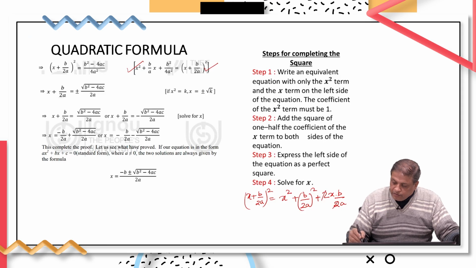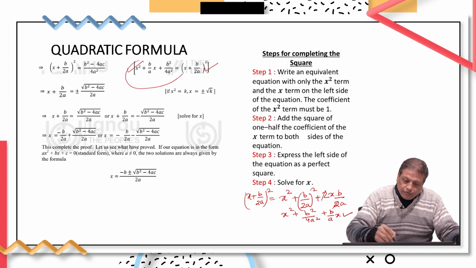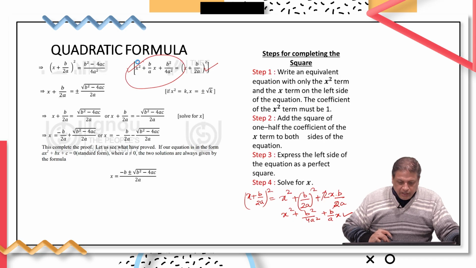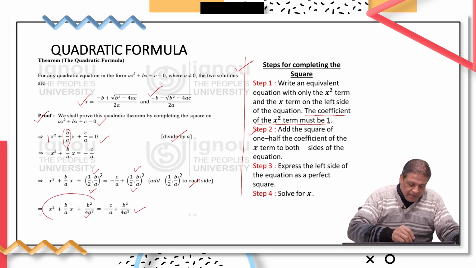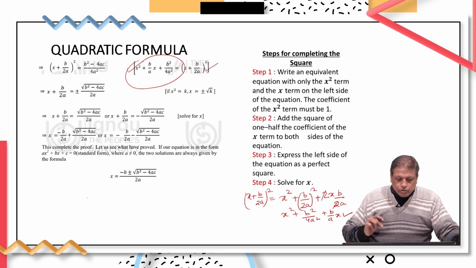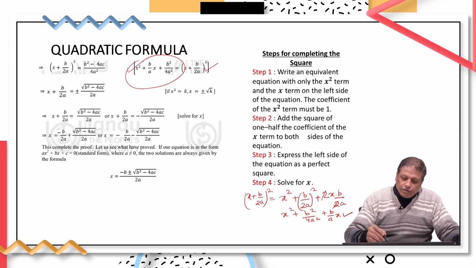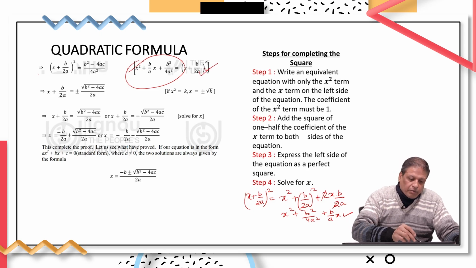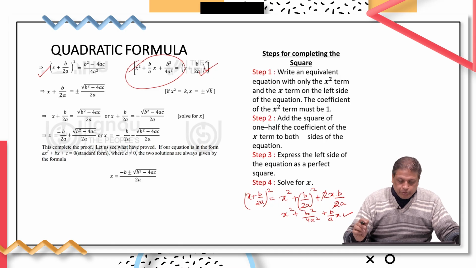So that means this is nothing but x square plus b square by 4a square plus b by a x, which is the left hand side of this equation. So substituting this into the left hand side of the equation, we will get this expression.